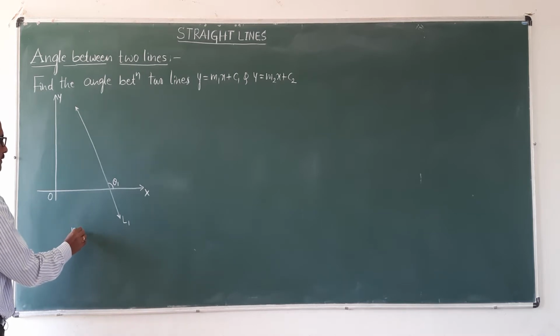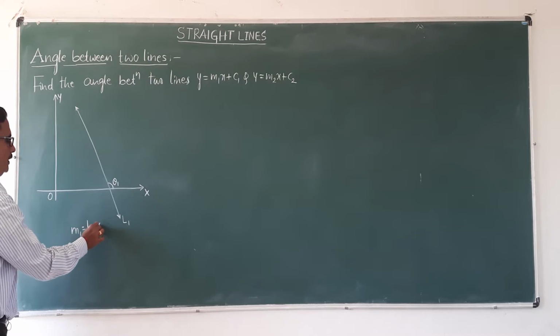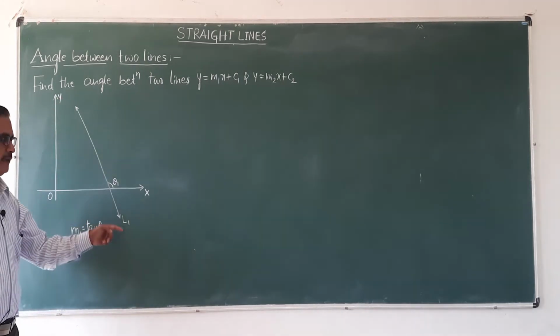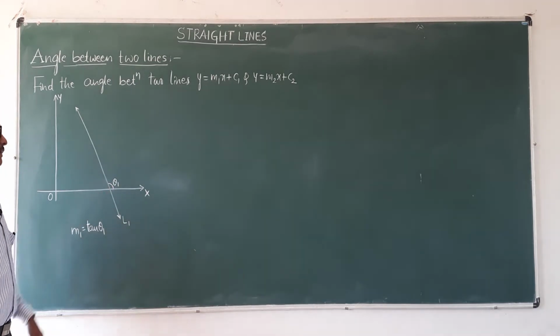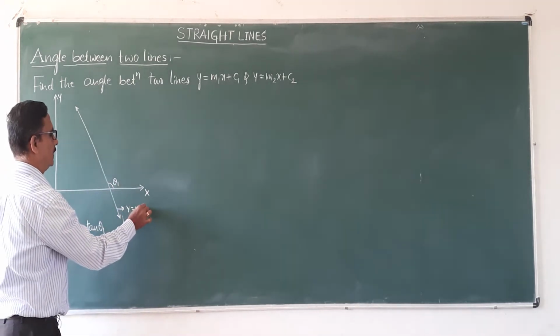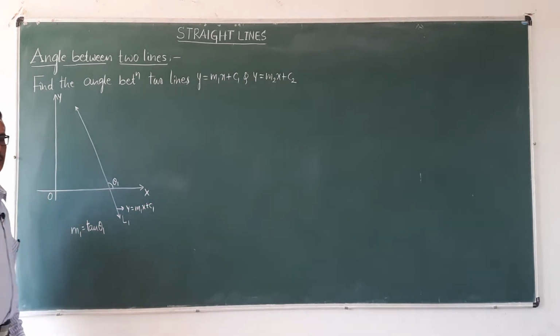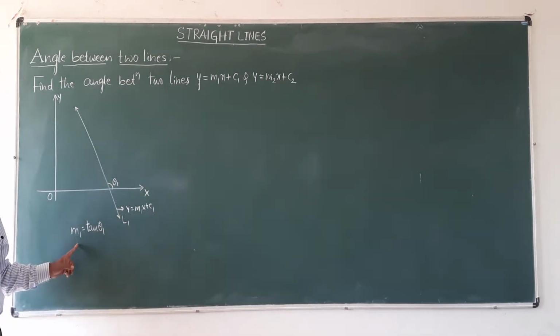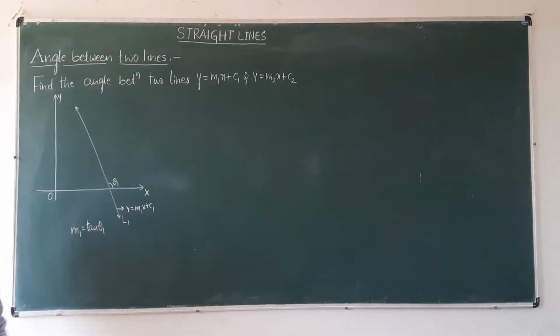We write m1 is equal to tan of theta 1. The equation of line is y is equal to m1x plus c1.